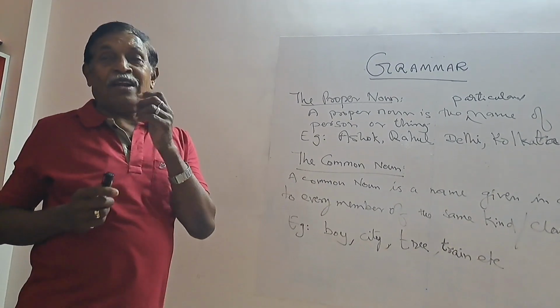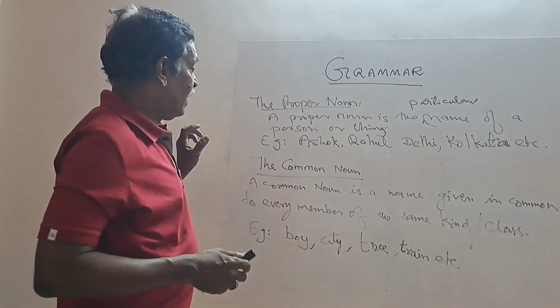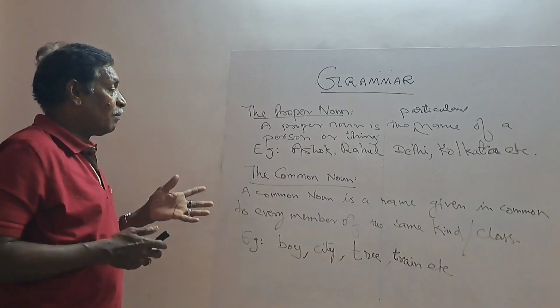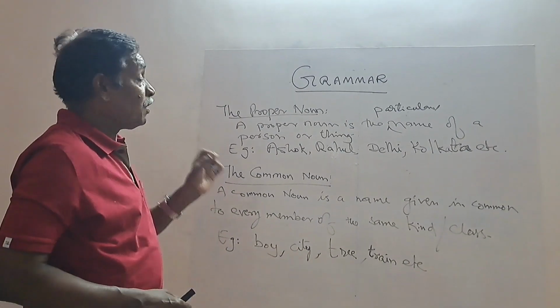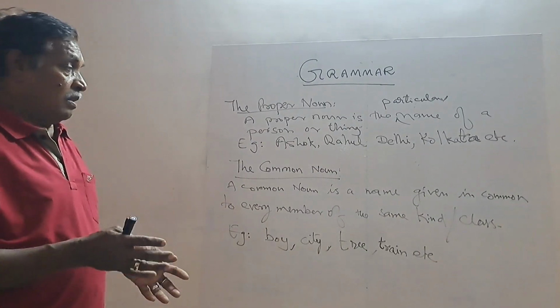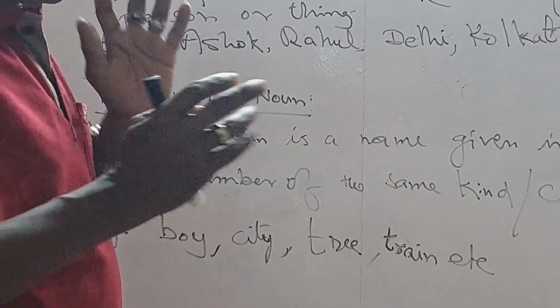Ashok, your friend or your classmate or any other person in the name of Ashok. Immediately you got the idea of that thing. So the difference is proper noun is a particular name, whereas common noun is given in common to every member of the same kind.